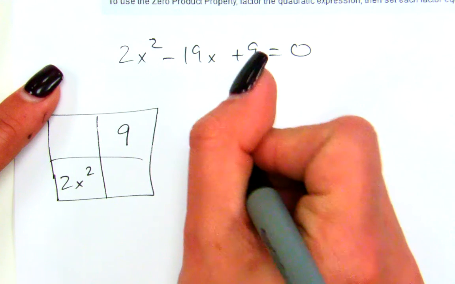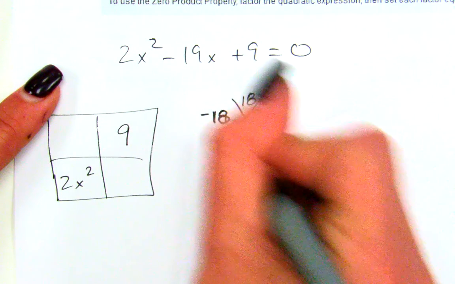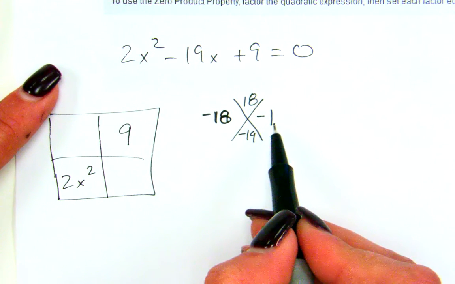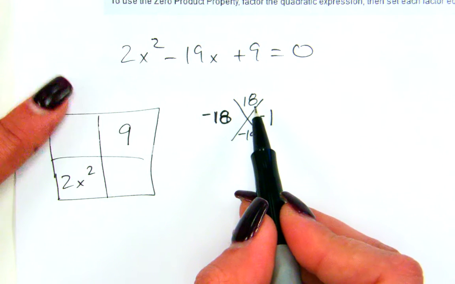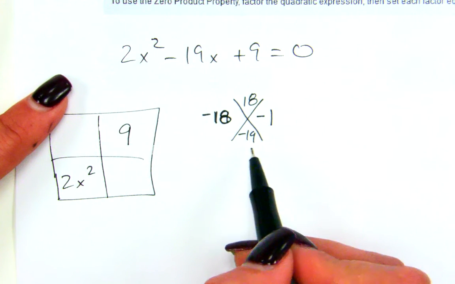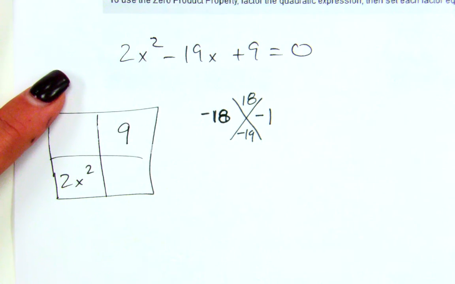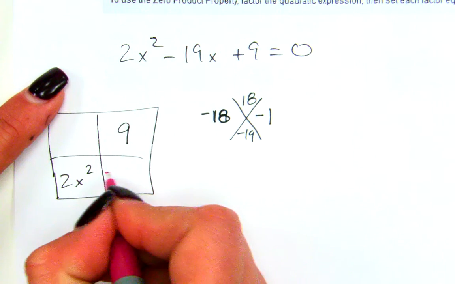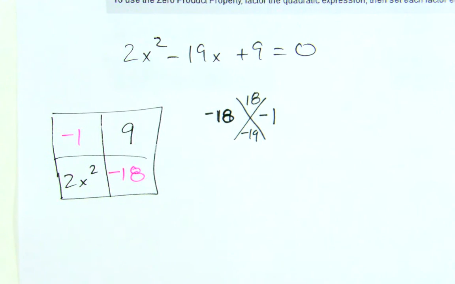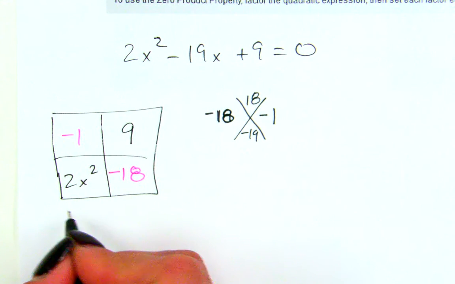Oh my goodness. 18. Oh, whew. Saved by the bell. Okay, so negative 18 times negative 1 gives you positive 18. Okay, negative 18 plus negative 1, that means you have more negatives, gives you negative 19. Yay! Okay, so we have negative 18 goes here, negative 1 is going to go there. Whew, I thought it was going to have a conniption fit. Okay, so let's see.